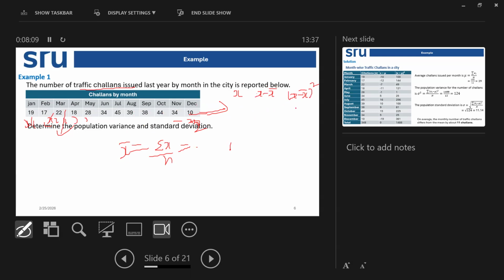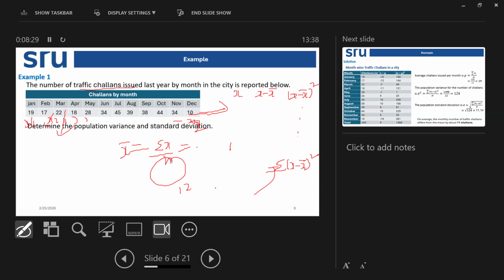If you add them, the summation of (x minus x bar) whole square, you'll get this value. Once you get this, the number of observations you know, right? How many are there? Observations 12. So substitute in the formula. Whatever the formula you have, substitute in there.